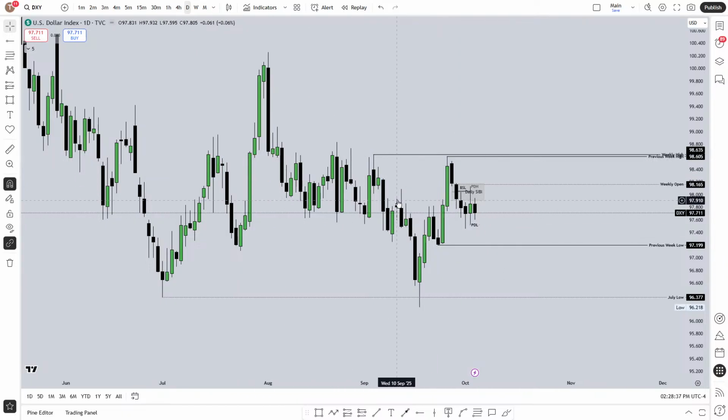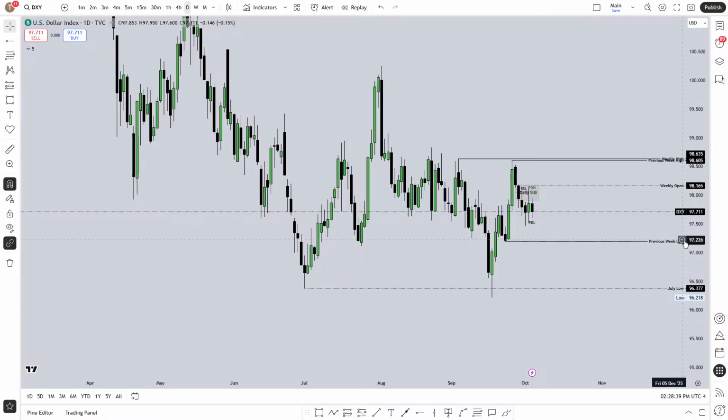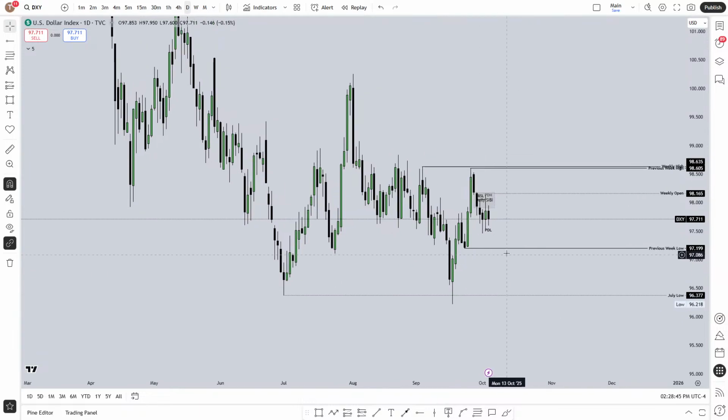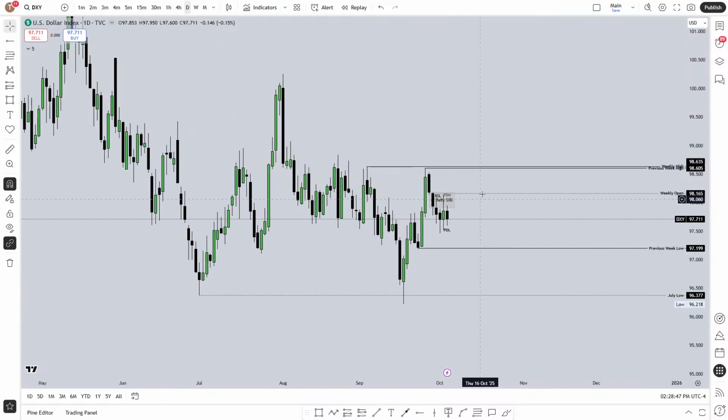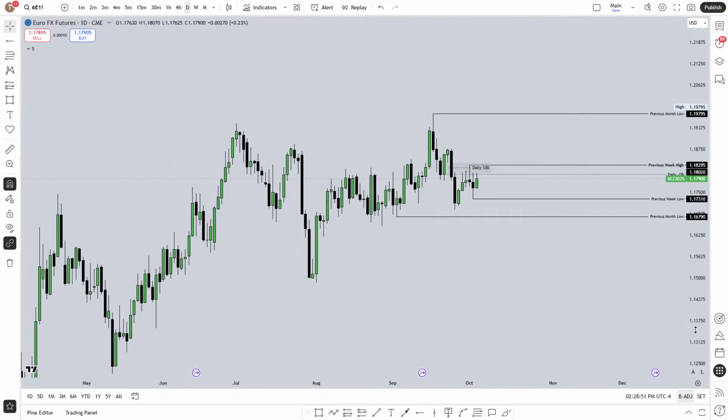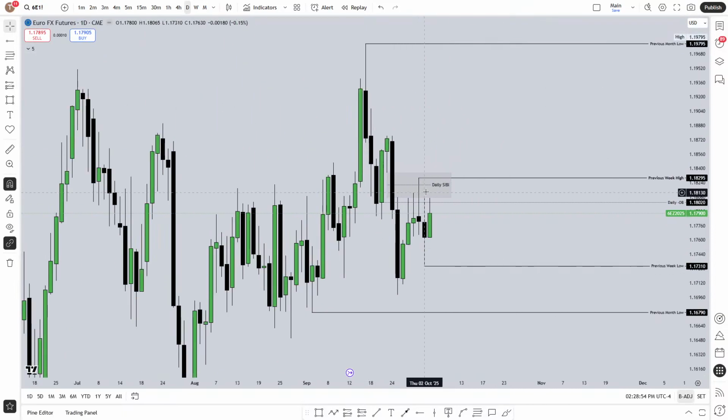This has just been going sideways forever. But again, politically and economically, the dollar should be going down. So I would want to see currencies go up, but with structure, it looks like they want to go down. So I would really need to see this inverse right here.